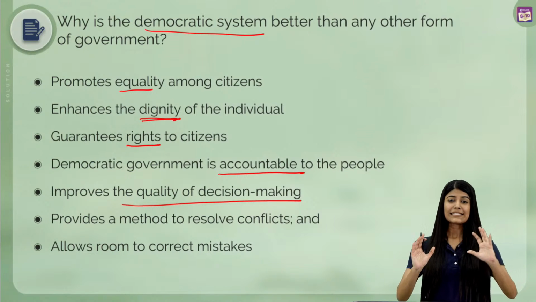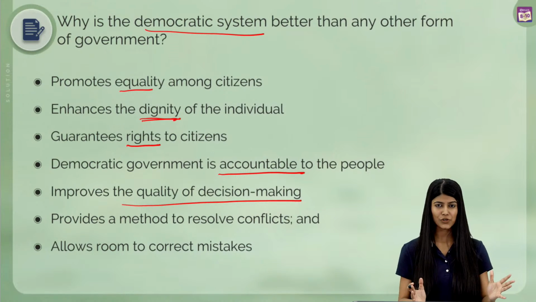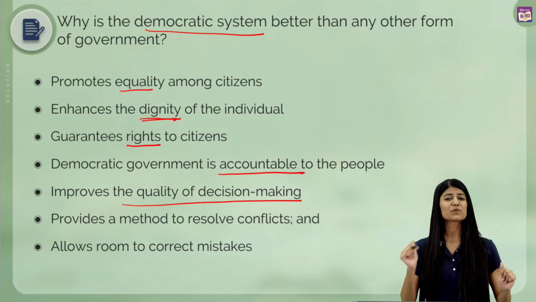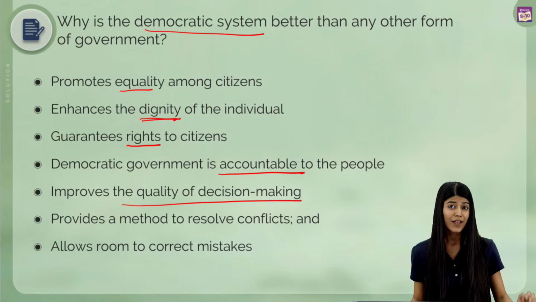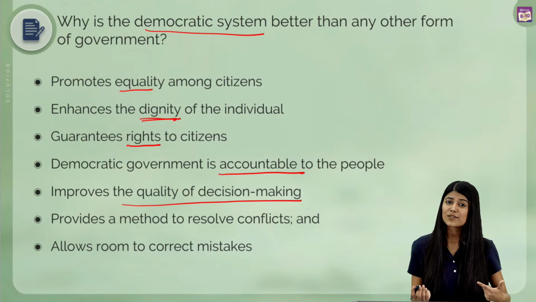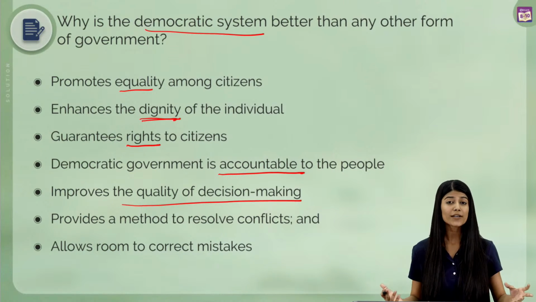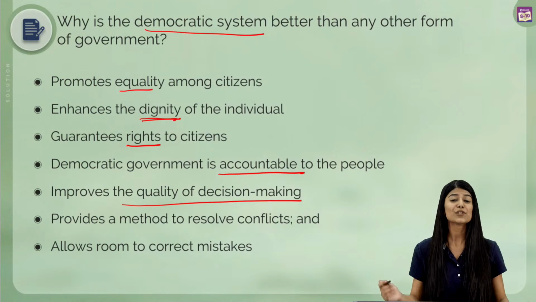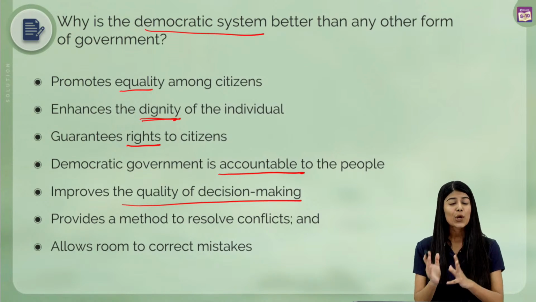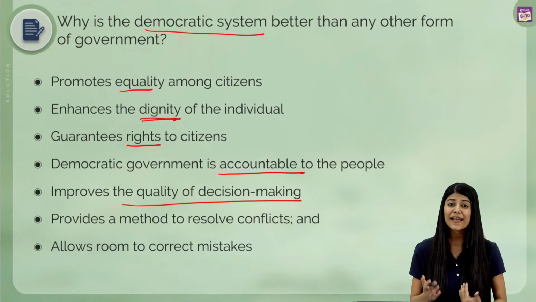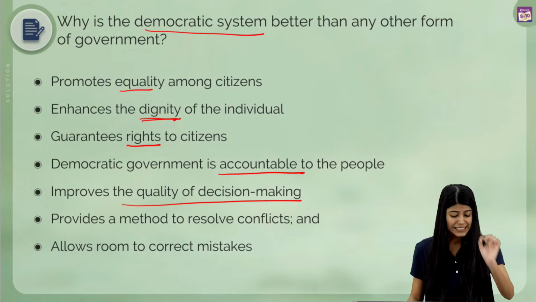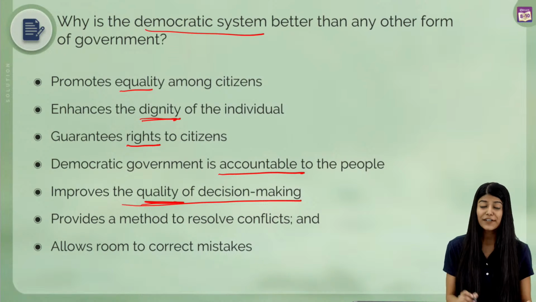Now, let's say the government has made a decision and the people of the country are dissatisfied with it. The people can express their concerns through media or protest and the government will listen to them. The government has to respond by taking some required actions, modifying the law, or completely repealing the law as well. So this is how it improves the quality of decision making.